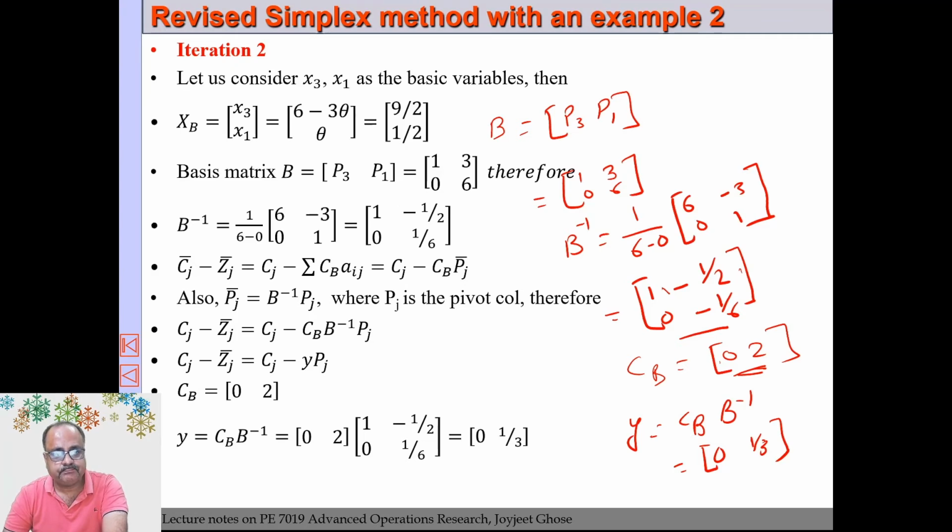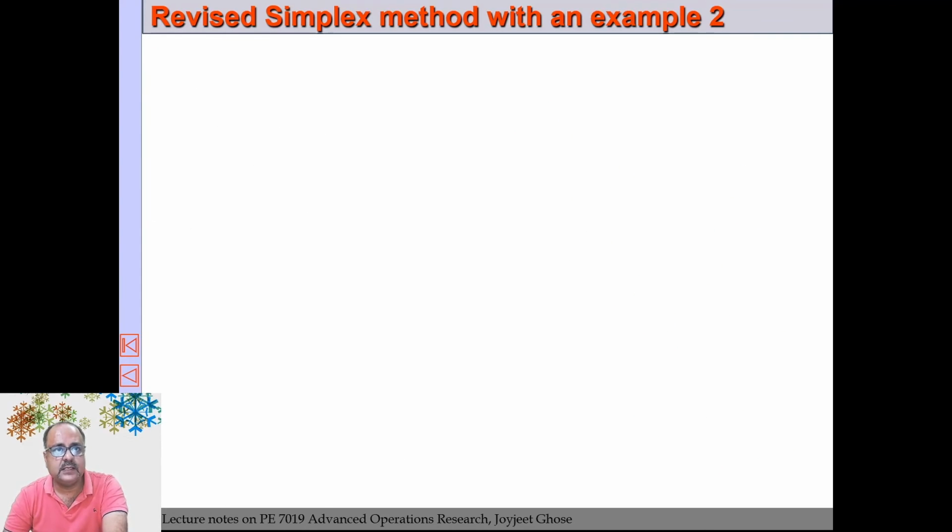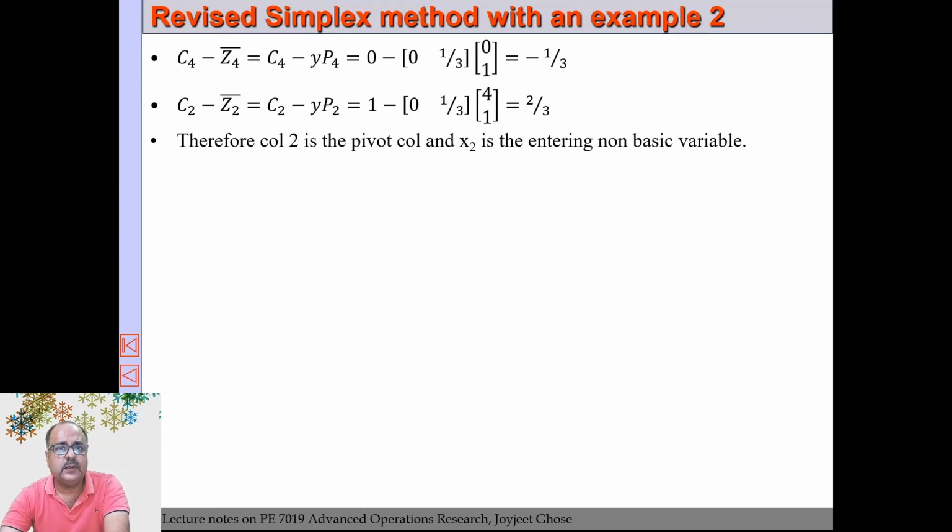Now with this y value we can find out the Cj minus Zj. Cj minus Zj comes out to be C4 minus Z4, which is a non-basic variable. Therefore we are finding out C4 minus Z4, which is equal to minus 1 by 3, and C2 minus Z2 bar, which comes out to be 2 by 3.